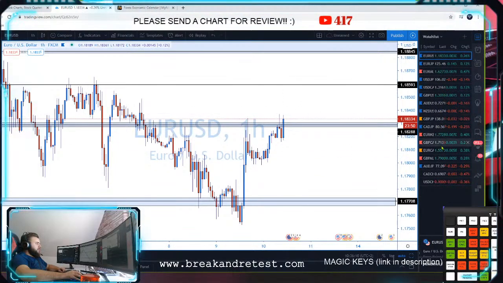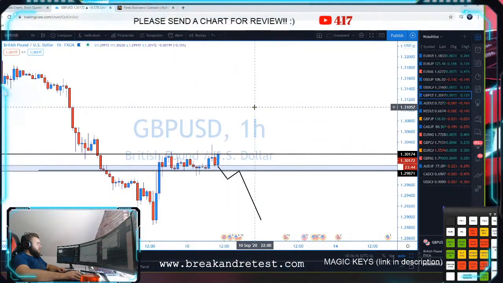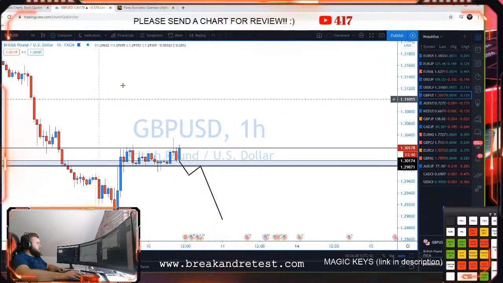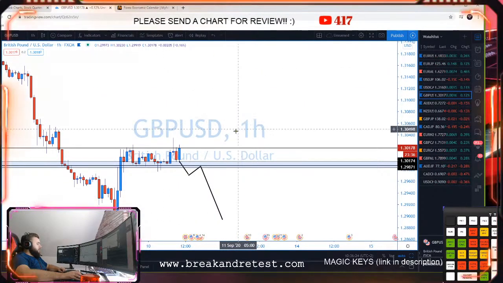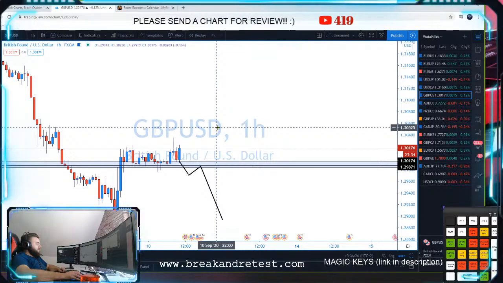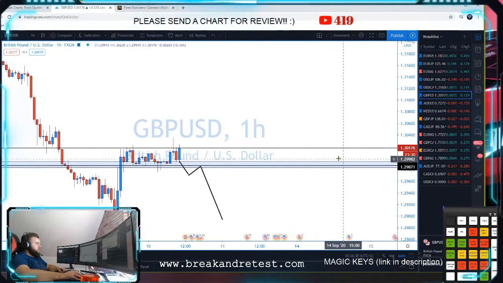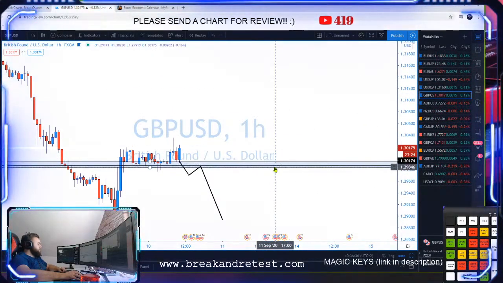Look at all these pairs. All these zones I draw on the 1 hour, and it's been 1 hour or more, almost 2 hours. I've been drawing zones on the 1 hour, and I still get the question, what time frame do you draw zones? I think it's a lack of attention here.